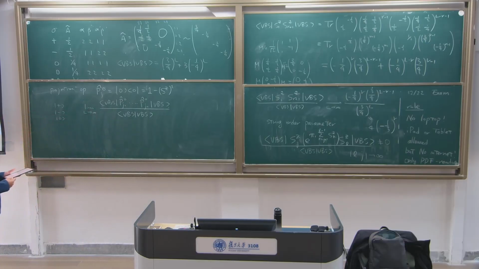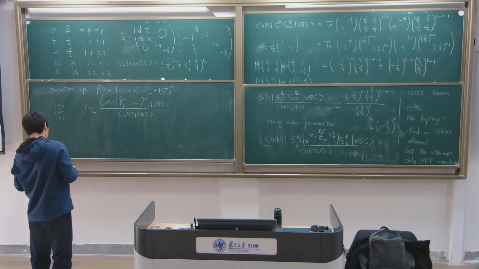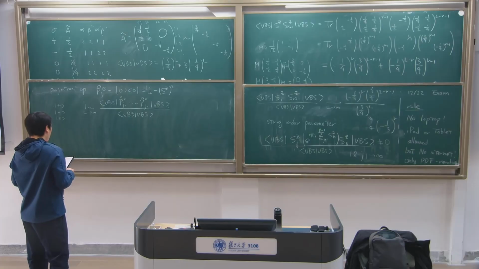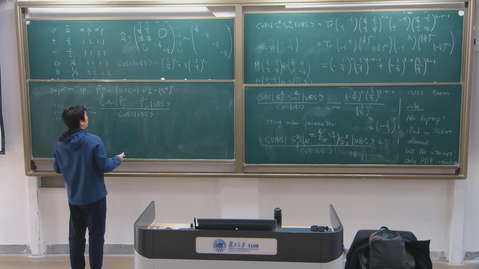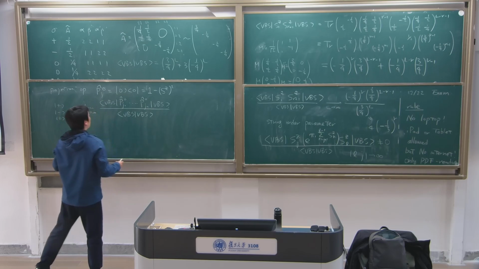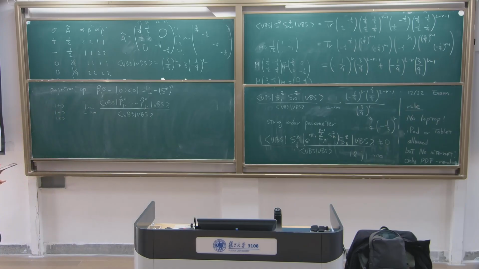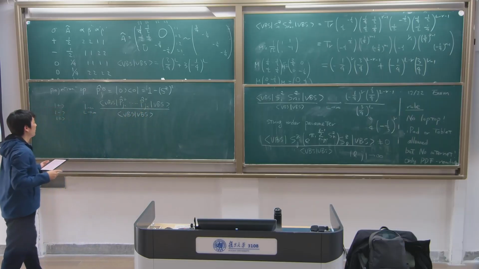Okay, so that's what we are going to compute first. So this means that this is the projection, with the state at J1 being 0, and J2 being 0, and so on.